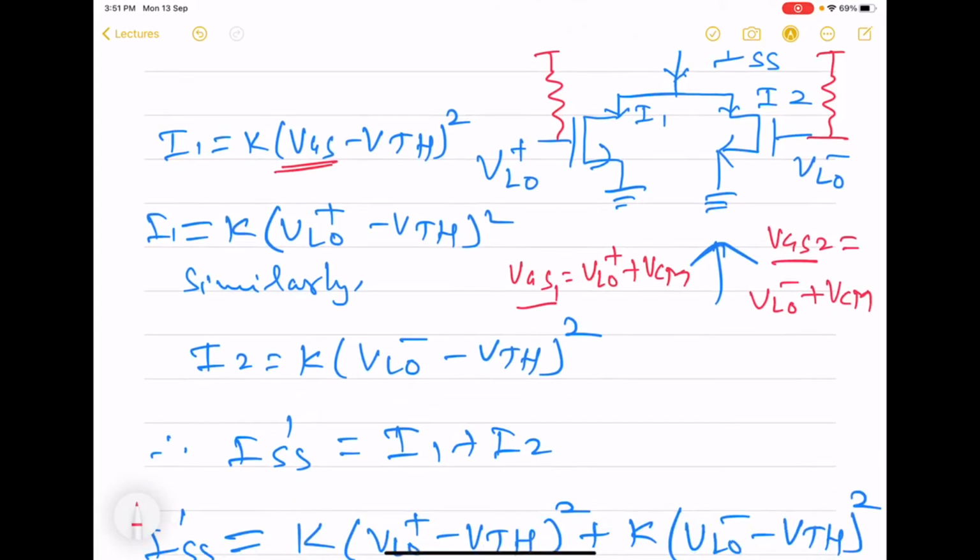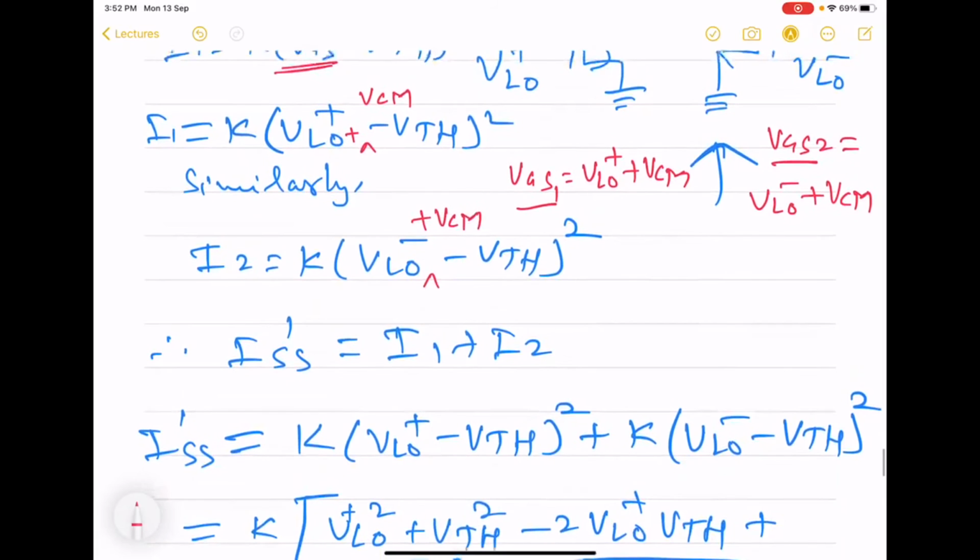So what will happen is now we have VCM present in these two equations. But here you can see that this VCM can be absorbed with VTH, leading to K into VLO minus plus VCM minus VTH.